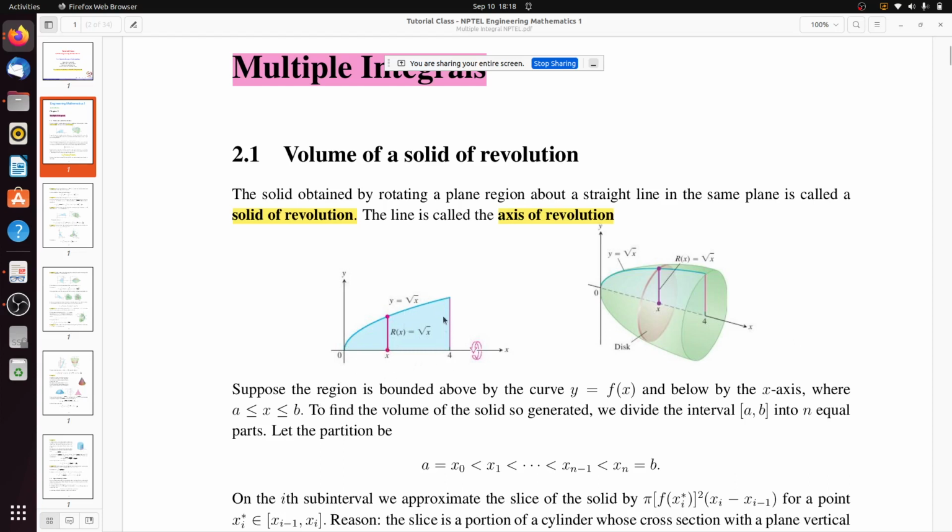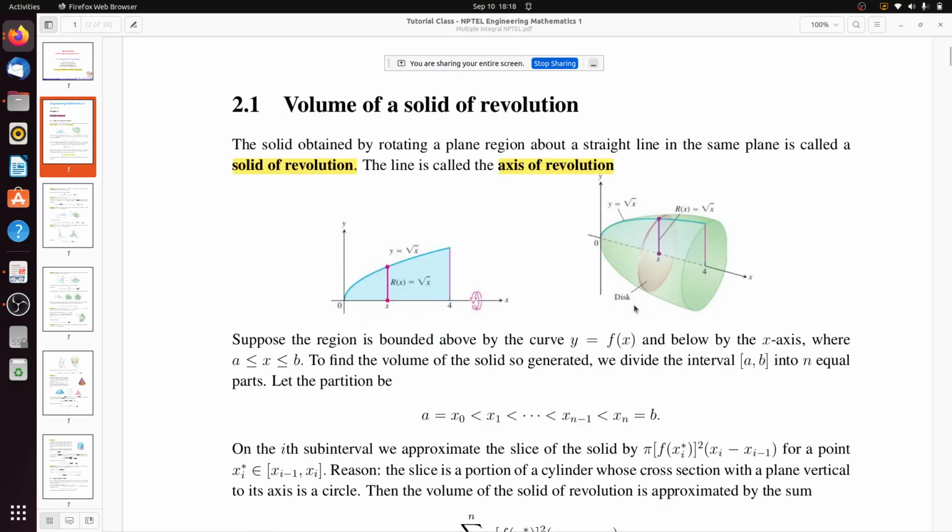When you rotate it around the x-axis, you will get this type of parabolic, paraboloid type shape. Now you are to determine the volume of this shape. Is my point clear?